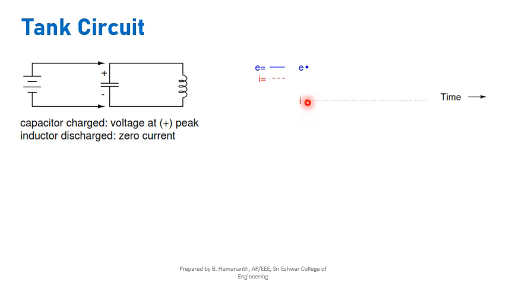You can see that the current is at 0, which is represented by the red color line, and the initial voltage across the capacitor is E, which is drawn using the blue color line.